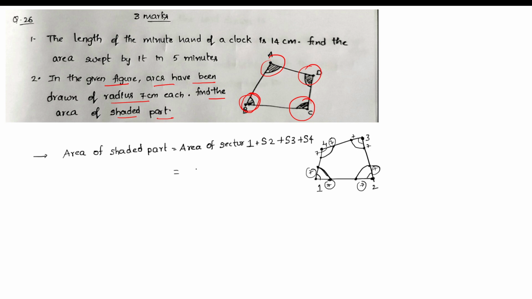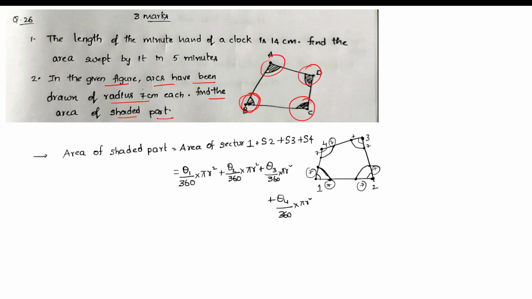So what is the area of a sector formula? Theta by 360 into pi r square. But since it is sector 1, we will take theta as theta 1. Similarly, sector 2 is given by theta 2 by 360 into pi r square. Similarly, sector 3 is given by theta 3 by 360 into pi r square. And the same is the case for sector 4, theta 4 by 360 into pi r square.